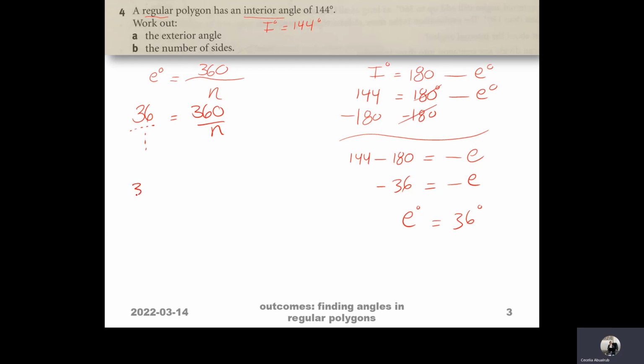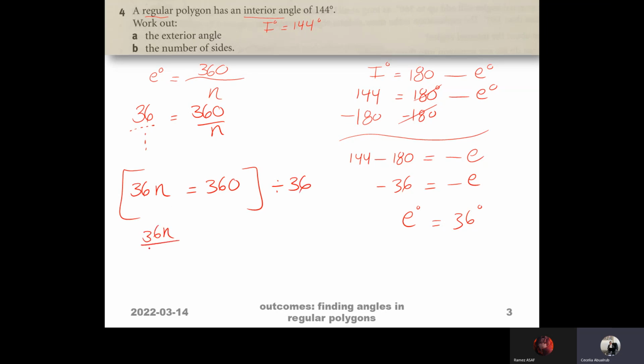This means over 1. We're going to apply the opposite operation to find the unknown n. So it will be 36 times n, which is 36n, and 360 times 1, which is 360. Now we're going to divide all by the coefficient of n, so divide all by 36. So it will be 36n over 36 and 360 over 36.